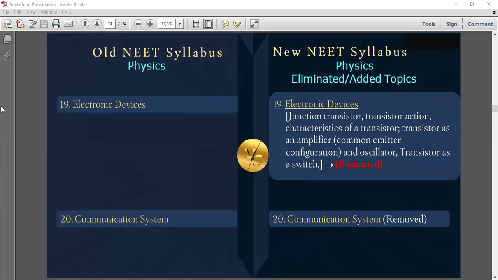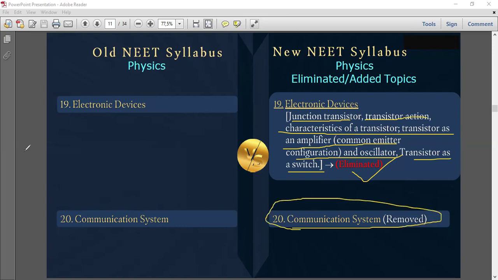Then electronic devices: junction transistor, transistor action, characteristics of transistor, transistor as an amplifier, common emitter configuration and oscillator, and transistor as a switch were eliminated. And the whole chapter on communication systems is entirely removed.